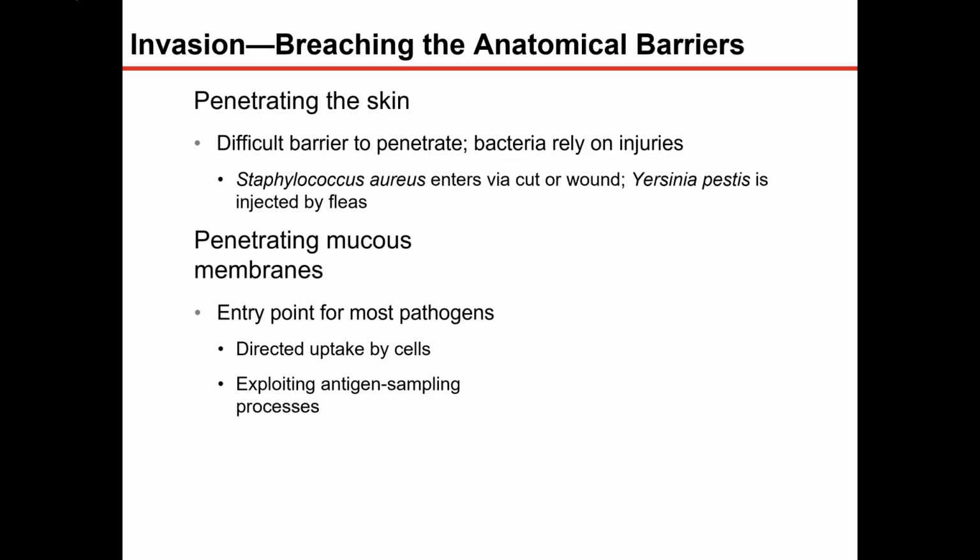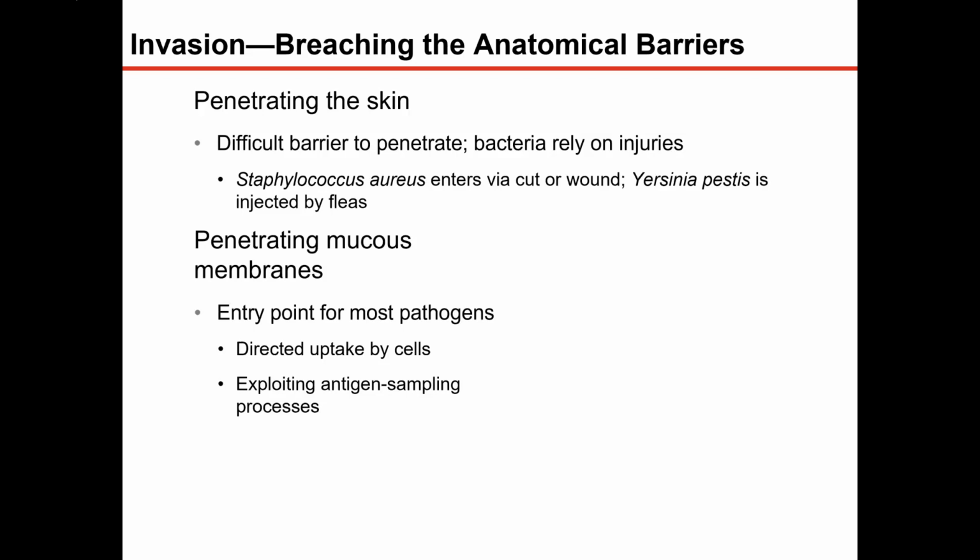But if there's a cut or a scrape on the surface of the skin, or if anything enters, like a needle moving in through the skin, this can allow bacteria to get in. And then, of course, you have those vectors that release pathogens through the skin. The example I have here is Yersinia pestis with the flea.